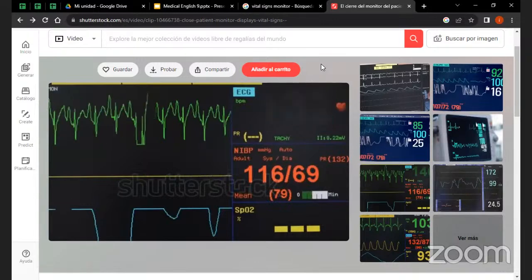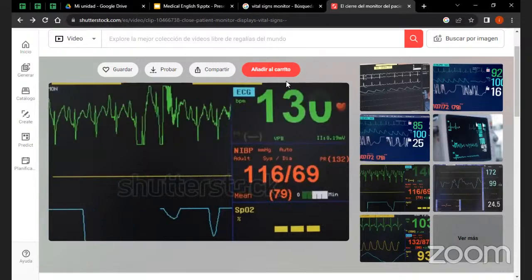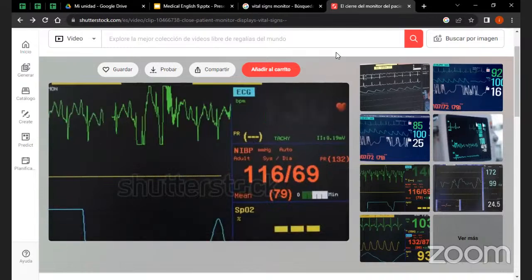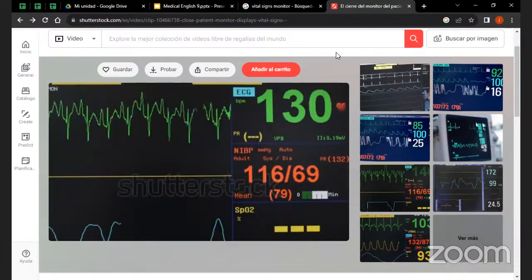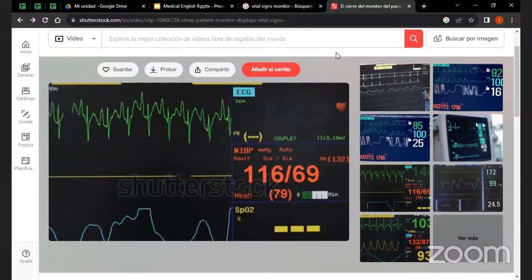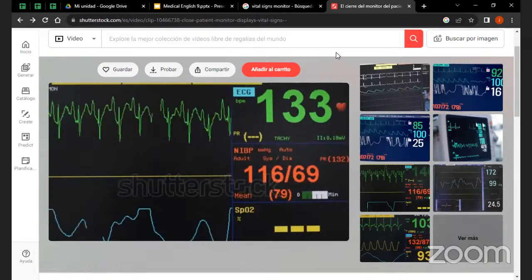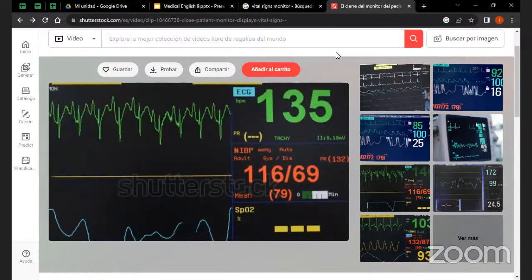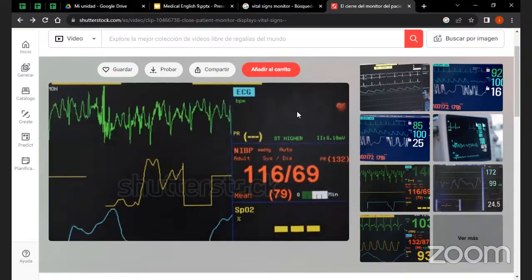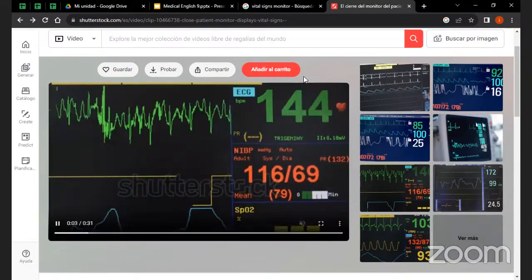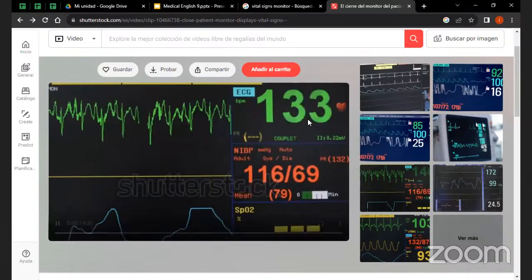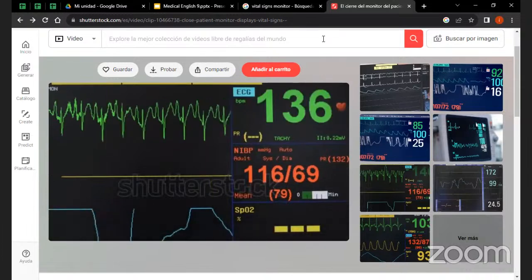So the heart rhythm, the heartbeat, how can you describe it? It's high, it's tachycardia, it's, I don't know, it's a mess. Yeah. Do you remember the abbreviation of this one?